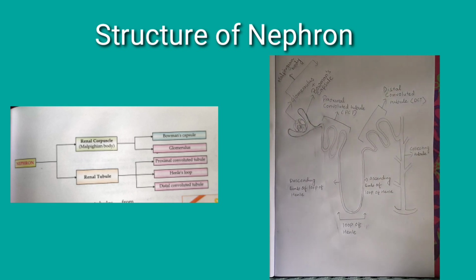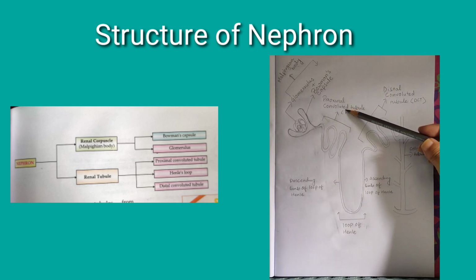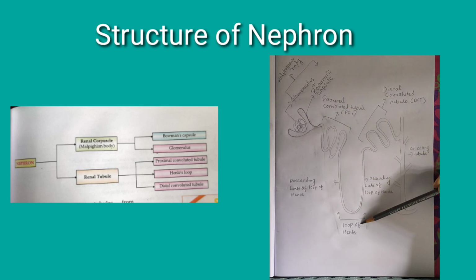The second part is the renal tubule. Under the renal tubule, the parts which fall are the proximal convoluted tubule, loop of Henle, and distal convoluted tubule.